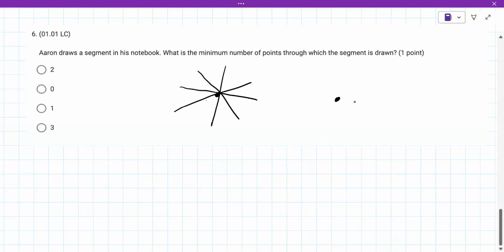But if you have 2 points, there is only 1 line segment or line that can be drawn through that. That's why I thought 2, because there are 2 endpoints. That'd be the minimum number of points a line segment would need.